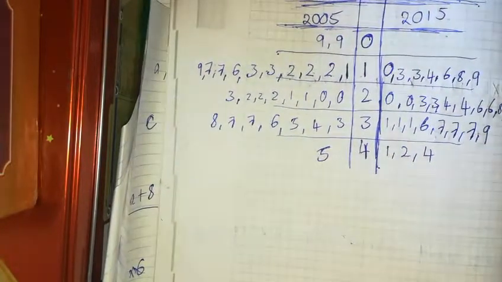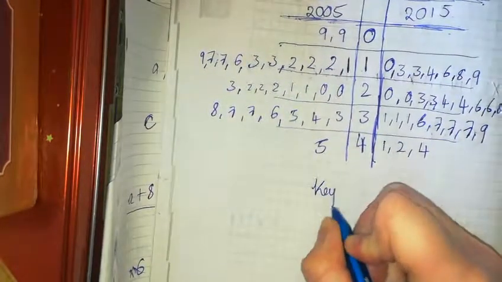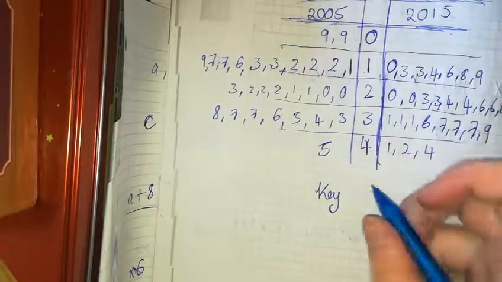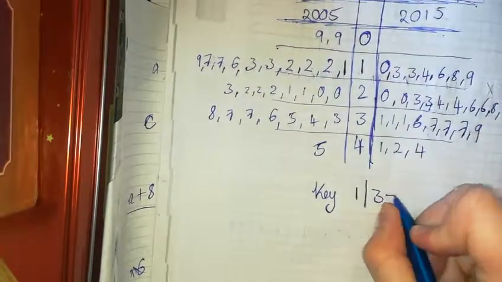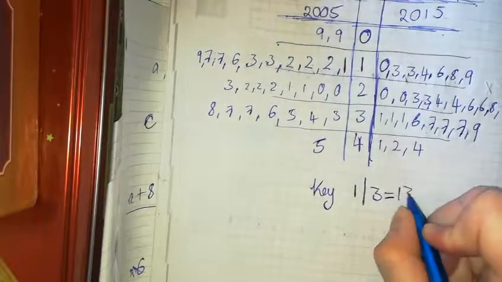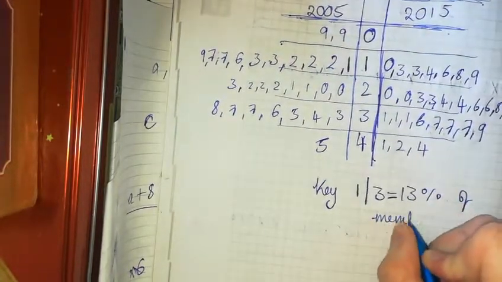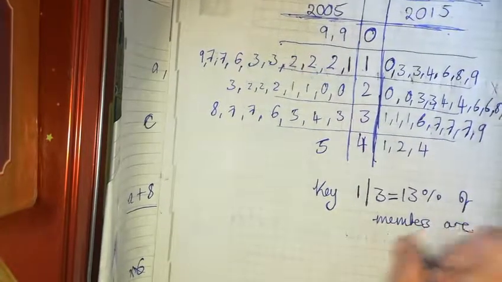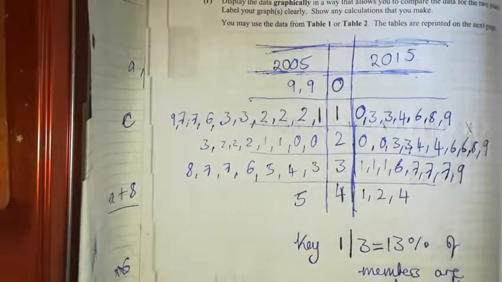They didn't ask for it, but we should include a key. So I'll write the key: 1 | 3 is equal to 13% of members are female. So that is our answer for that.